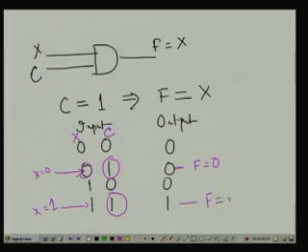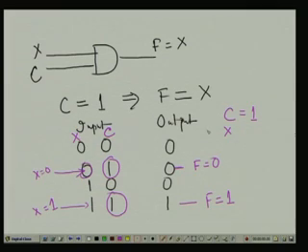So what can I infer from here? For a 2 input AND gate, if one of the inputs is 1, that means in this case if c equal to 1, then whatever value I give to x, I will get the output as it is.